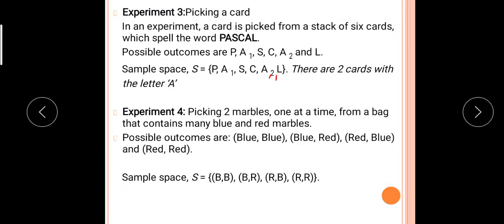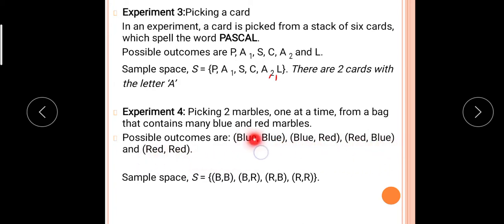Experiment 4: picking 2 marbles one at a time from a bag that contains blue and red marbles. The possible outcomes: maybe both are blue, maybe the first is blue and the other is red, maybe the first is red and the other is blue, or maybe both are red. So these 4 outcomes are there.